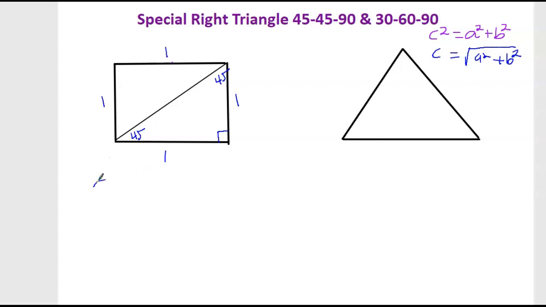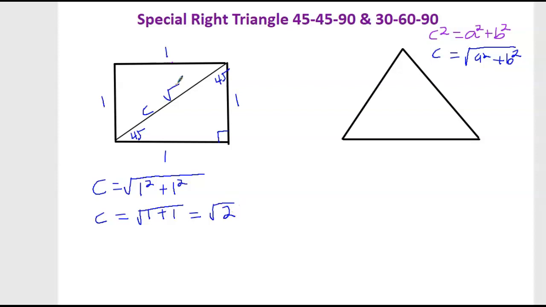So here C equals the square root of 1 squared plus 1 squared. 1 squared is 1, and 1 plus 1 gives us the square root of 2. Here it is the square root of 2.